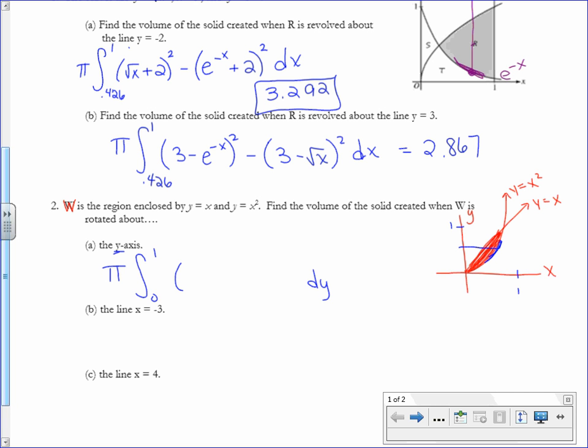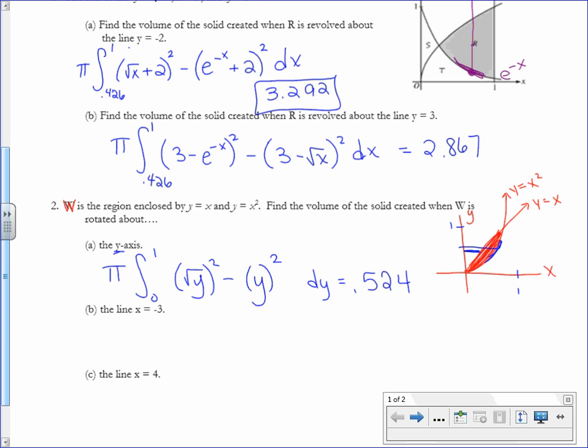In our case, that parabola needs to be written in terms of y, so that would be radical y. And my inner radius is from the y-axis to the line, which is y equals x, also known as x equals y. So pi times that integral, which is going to give me 0.524 if I round.